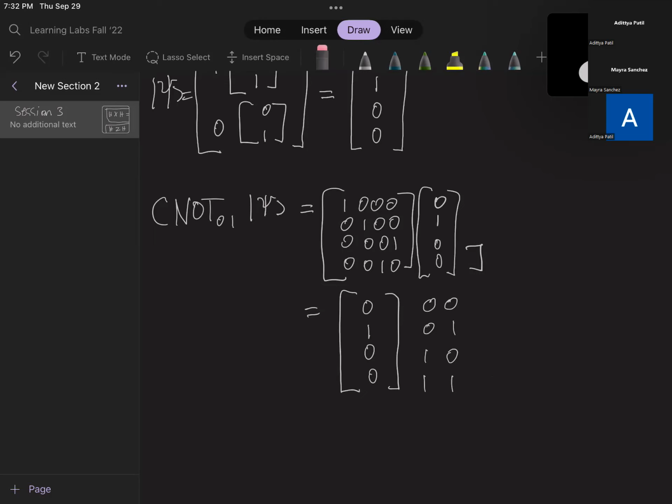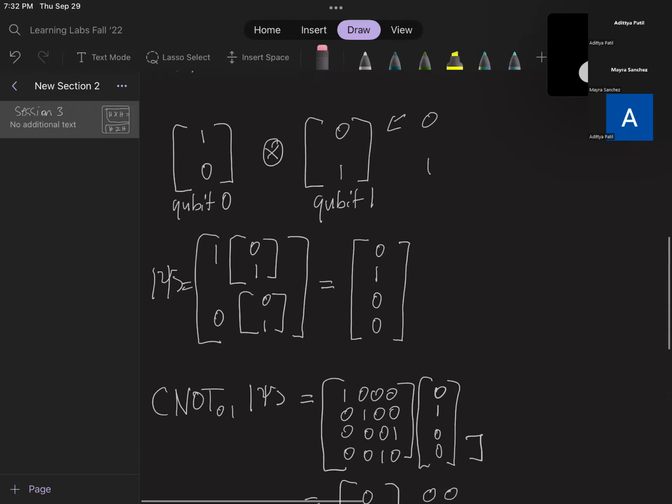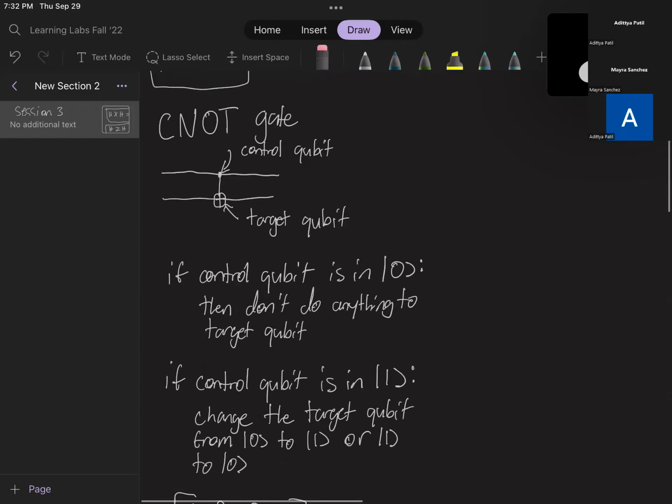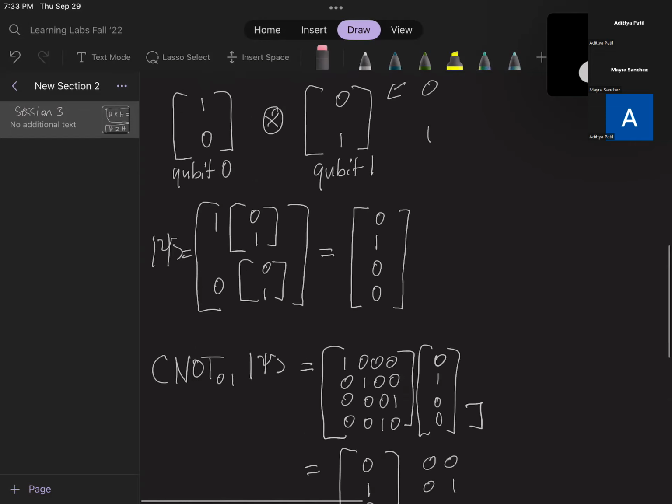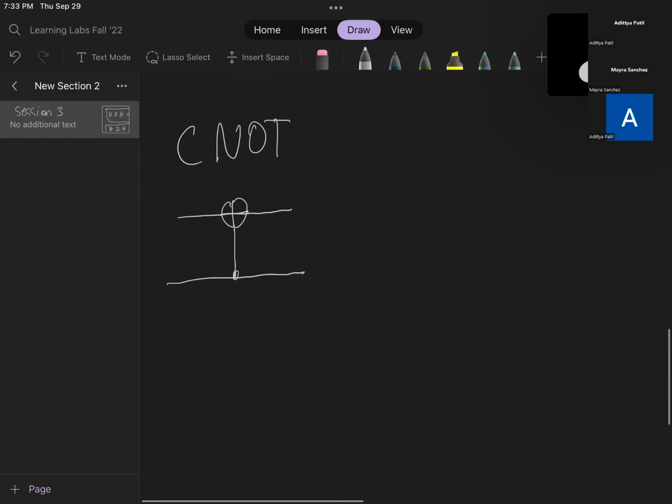So essentially, what we went over just now is a CNOT with the top being the control and the bottom being the target. But what if we have another CNOT where the top is the target and the bottom is the control? Now this is actually different.